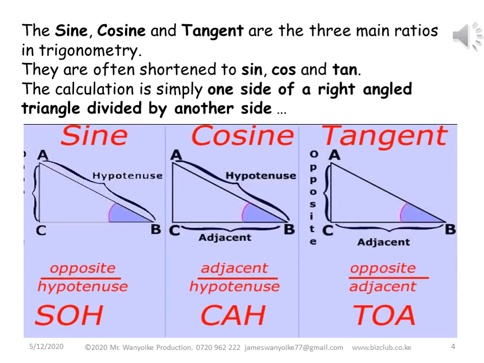The sine, cosine, and tangent are the three main ratios used in trigonometry. They are often shortened to sin, cos, and tan. The calculation is simply one side of a right-angled triangle divided by another. In the diagram below, the way we get sine is by considering the hypotenuse and the opposite.